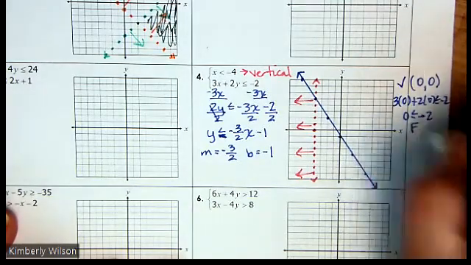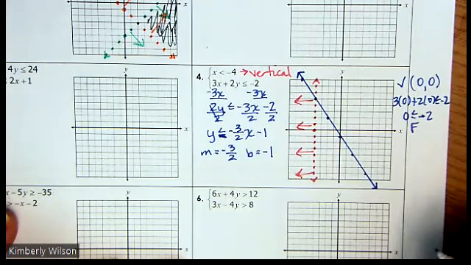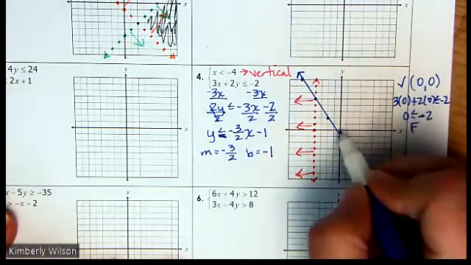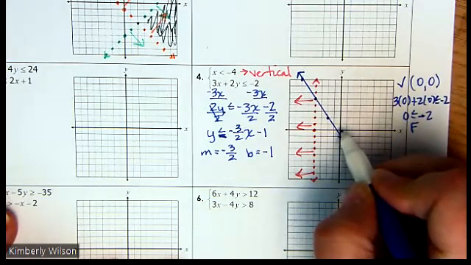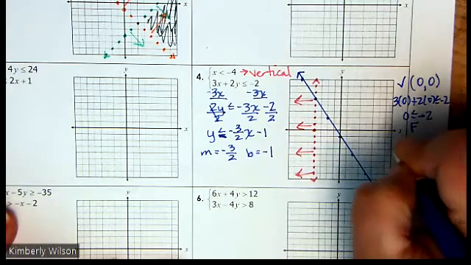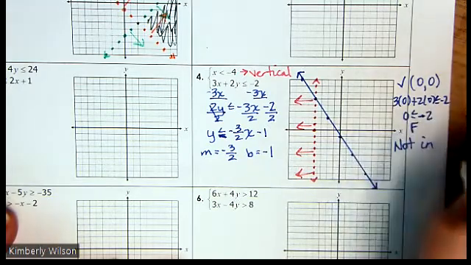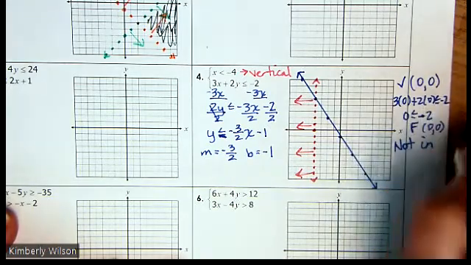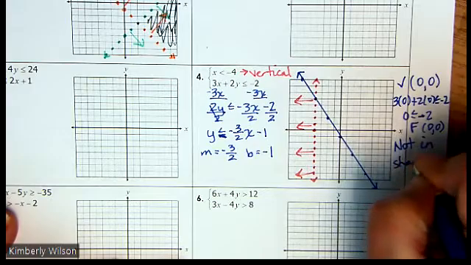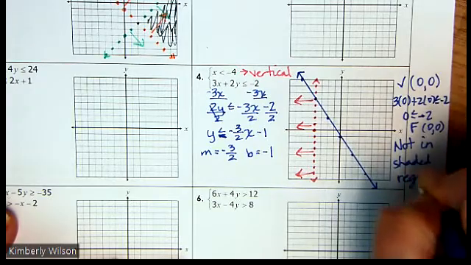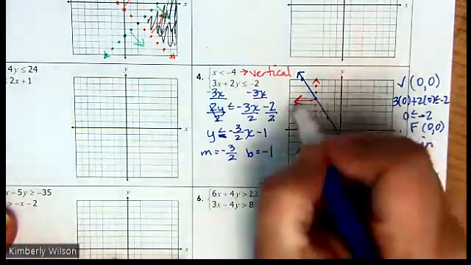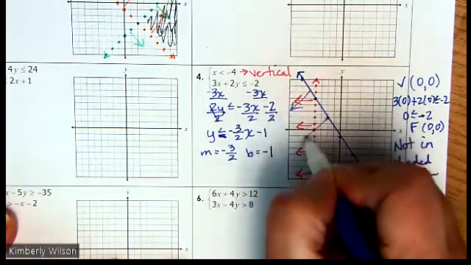That's a false statement. So therefore, the point 0, 0 should not be in my shaded region. So again, I'm shading below.